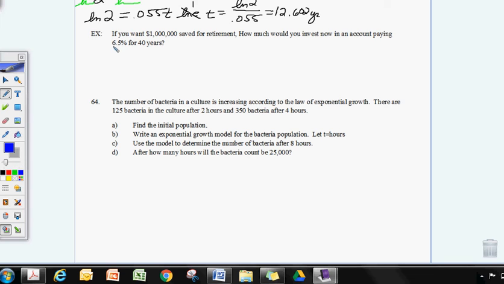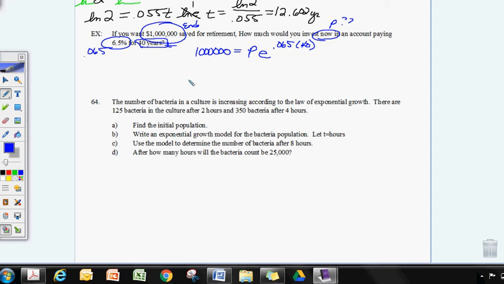So, stop. Okay, welcome back. So, if you won $1 million, that's what I want to end with, saving for retirement, how much would you invest now? So I'm looking for my P value, in an account paying 6.5%, .065, for 40 years. There's my t. Okay, so I'm going to have 1,000,000, got it, equals P, which I don't know, e raised to the 0.065, and my time is 40 years.